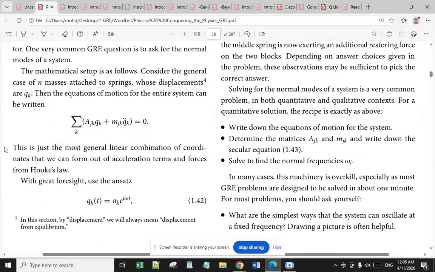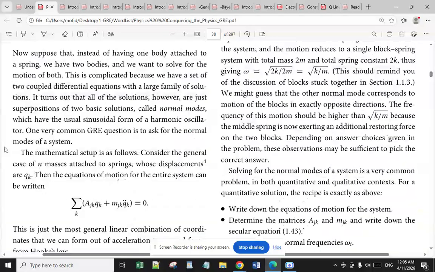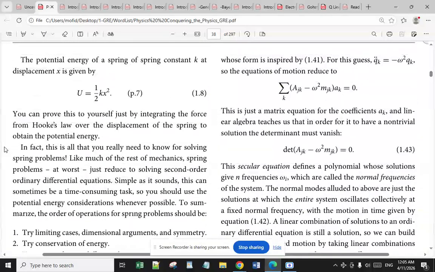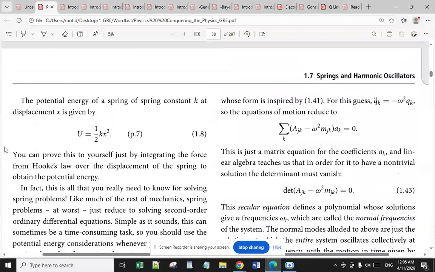With great foresight, use the ansatz that q_k(t) is equal to alpha_k e to the power of i omega t. In this section, by displacement, we always mean displacement from the equilibrium. This form is inspired by the harmonic oscillator solution, giving q̈_k is equal to minus omega to the power of 2 q_k.